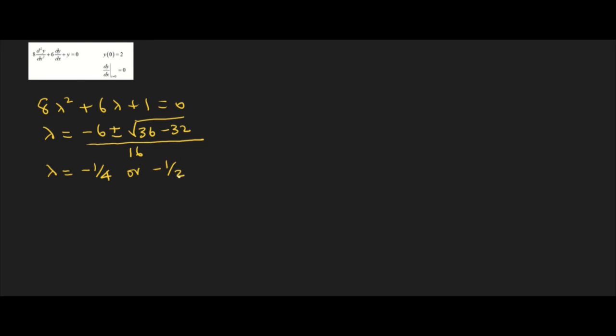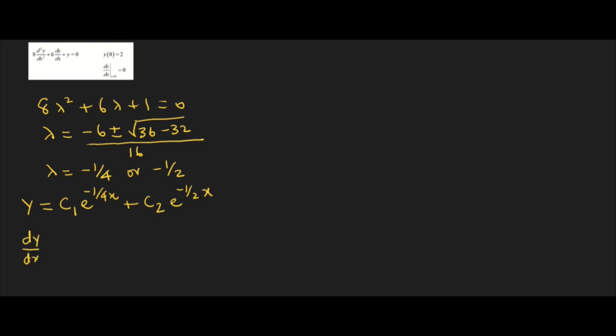So that means that we can write the general solution here using these roots. So we can write y equals c1 e to the minus a quarter x plus c2 e to the minus a half x. Now we want to use the initial conditions to eliminate these constants of integration.